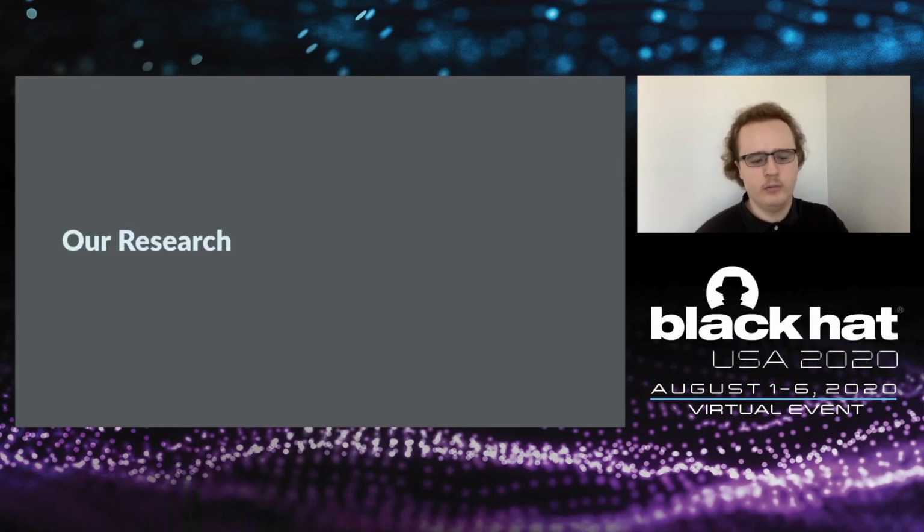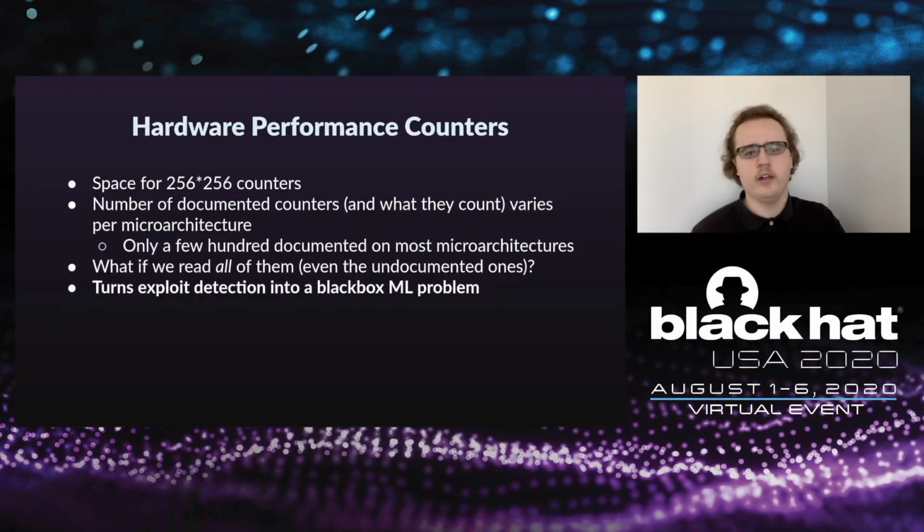So with that done, let's dive into our current research. As I mentioned earlier, hardware performance counters are specified with two 8-bit integers. So we actually have room for 65,536 counters, potentially. But only a subset of those are actually documented by Intel.